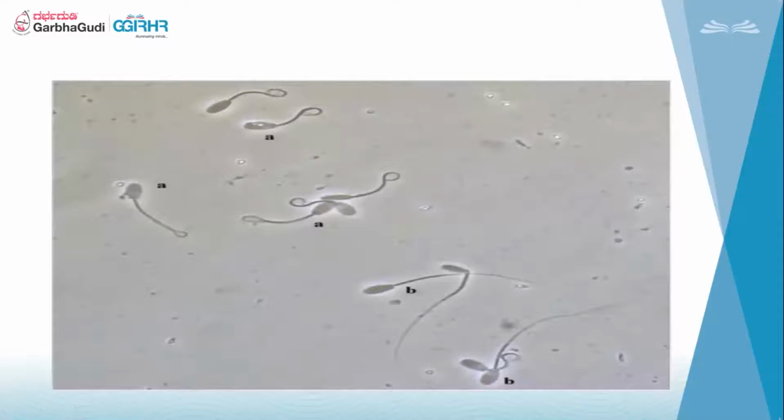This is a microscopic picture representation. Can you make out where the swelling is, and which are the viable and which are the non-viable? Can one of you tell me which is a non-viable sperm over here? Class, are you alert?